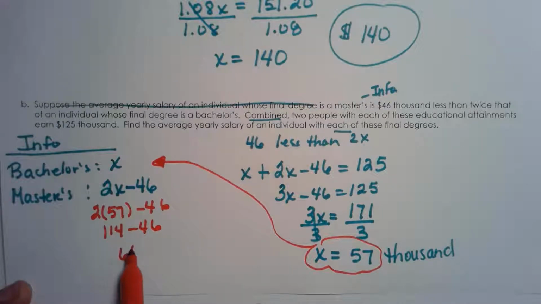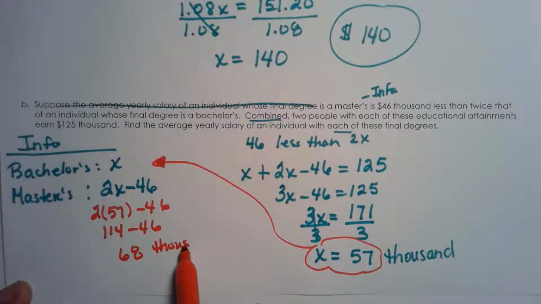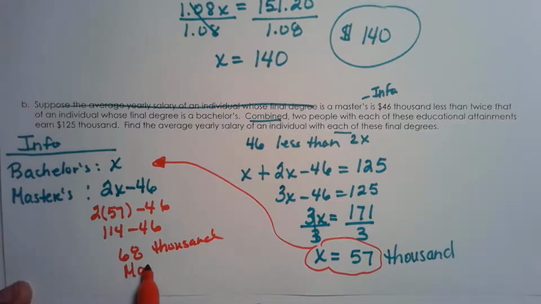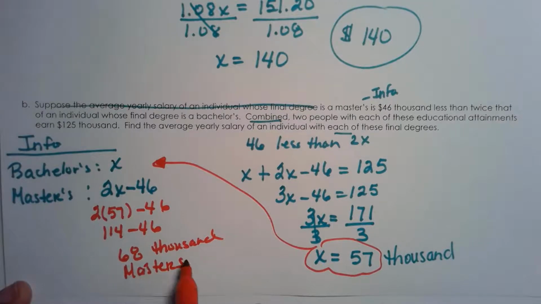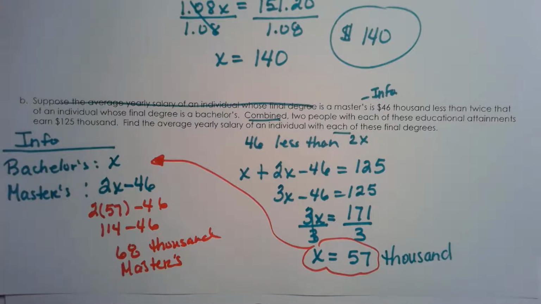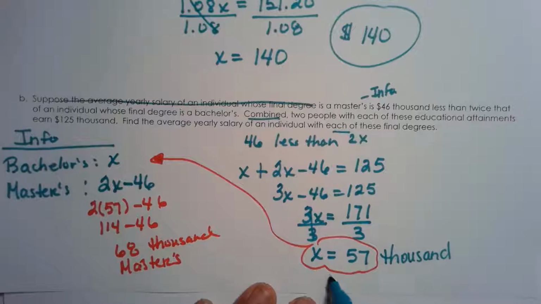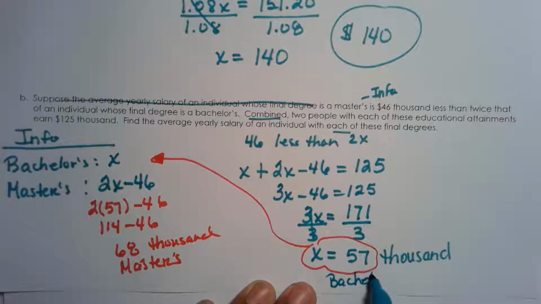And the master's earn $68,000 yearly. And we know what the bachelor's earn. And there we go.